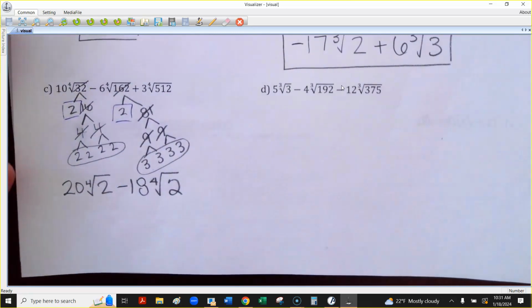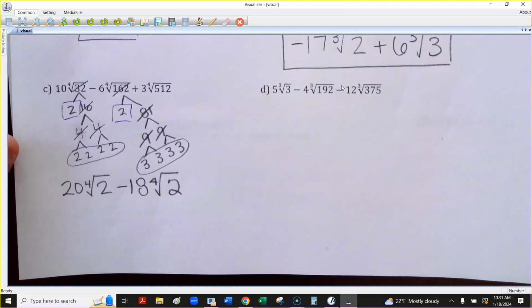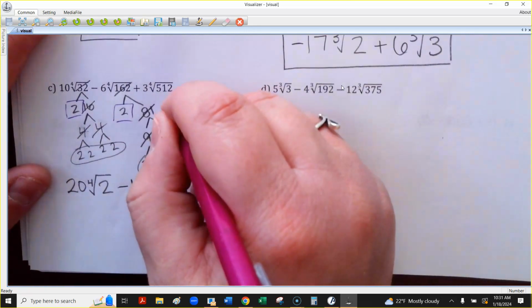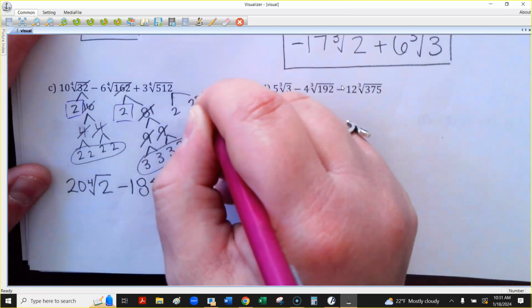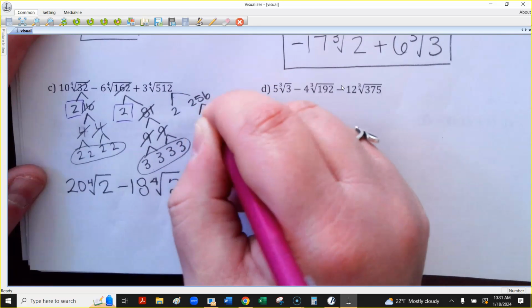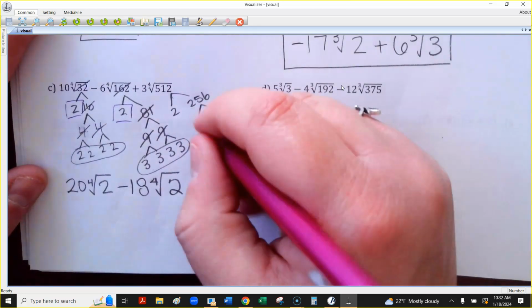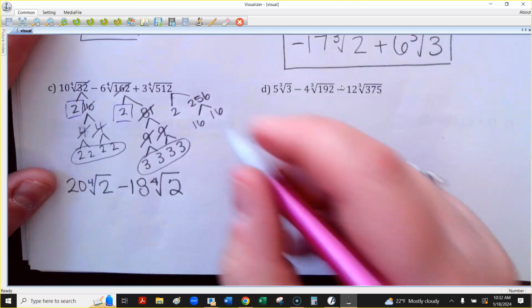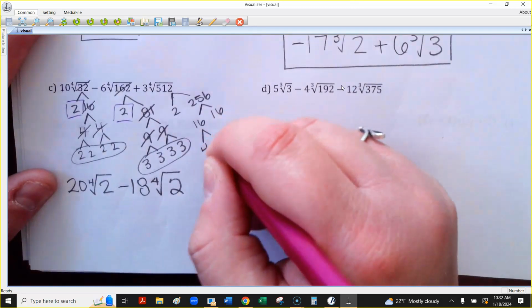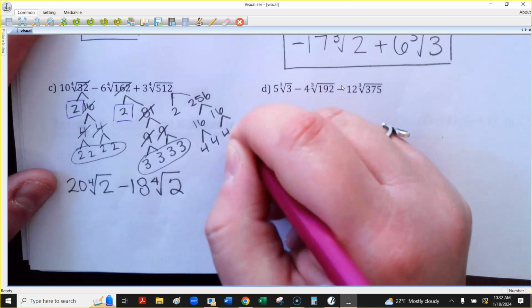Yikes, and then I got 512. This is a 4th root. Let me divide that by 2. Or you guys can figure out other ways, I'm just going to do 2 and 256. Now, 256 is going to be 16 and 16. And then I'm going to go 4, 4, 4, 4.